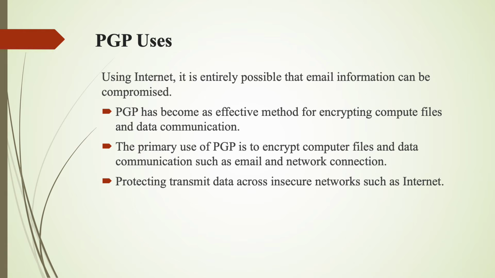For example, some PGP versions support secure shell connections for remote system access. PGP also protects data transmitted across insecure networks. For example, PGP VPN gateway is used for establishing secure connections to remote network systems. Data is encrypted to ensure that sensitive information is protected from unauthorized access.